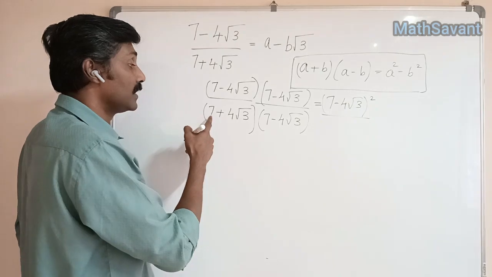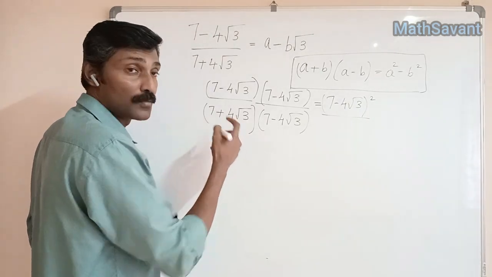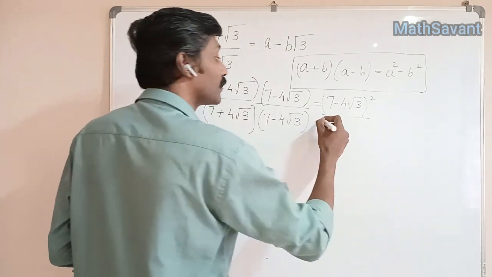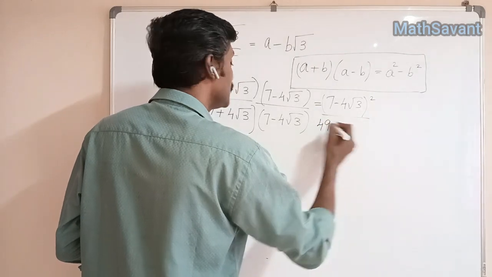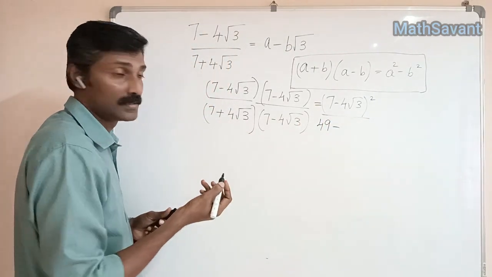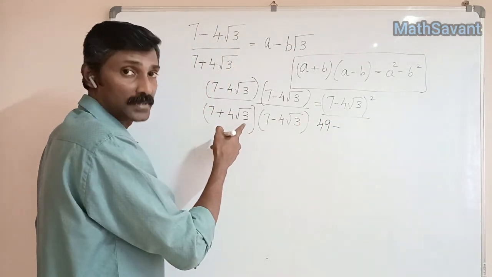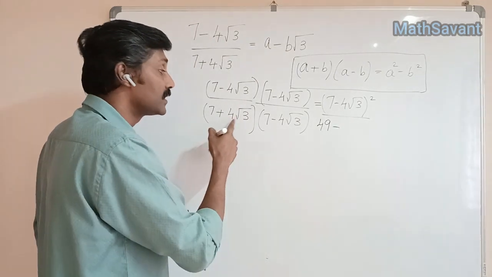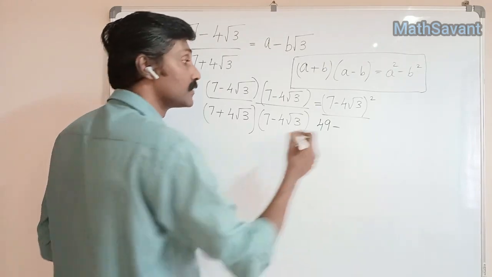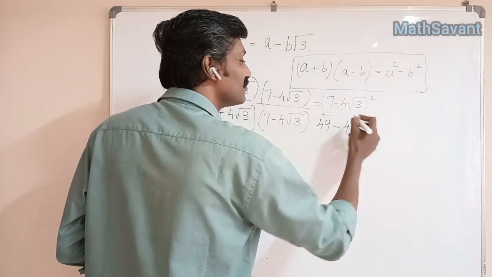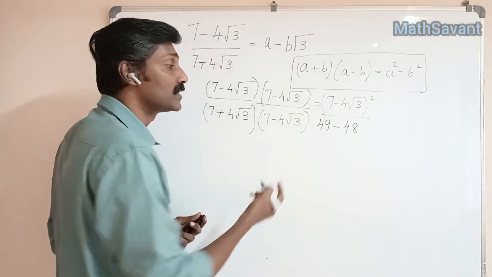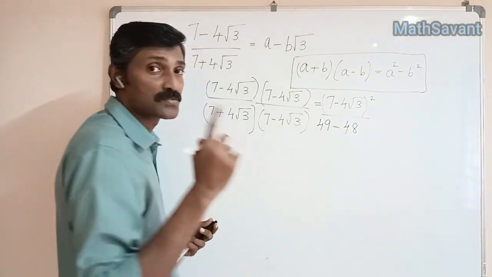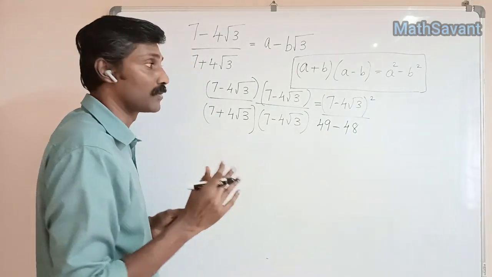So a is 7 and b is 4 root 3. What is a square? 7 square is 49. And what is (4 root 3) the whole square? It is 4 square into root 3 square. 4 square is 16 and root 3 square is 3. So 16 into 3 means 48, right? So in the denominator now we have 49 minus 48, which is 1. We don't have a square root anymore, right?